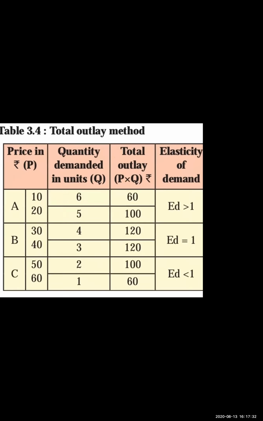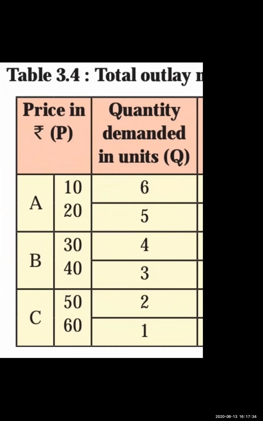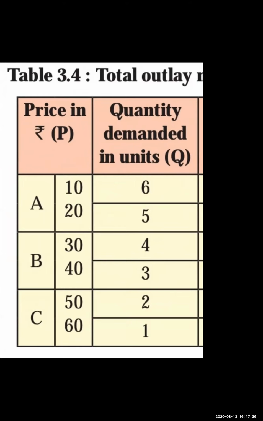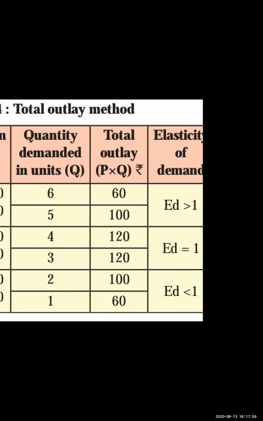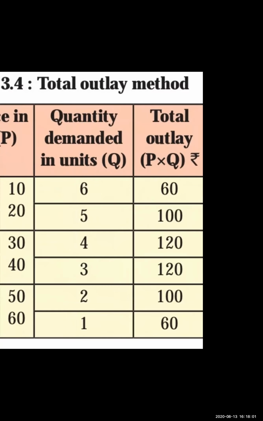This is the table. Now A represents the first type, relatively elastic demand. The second is unitary elastic demand, and the third is relatively inelastic demand. We will see the ratios now. The first column is price, the second is quantity demanded.